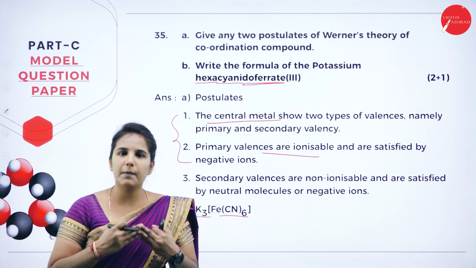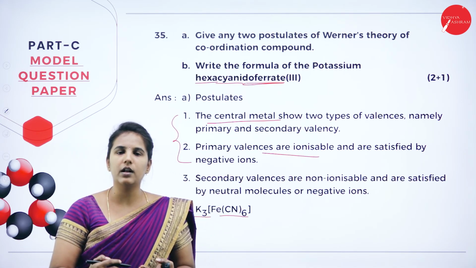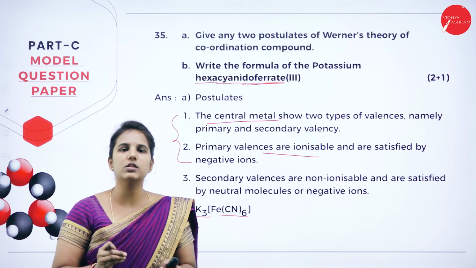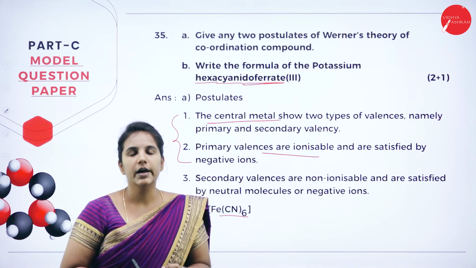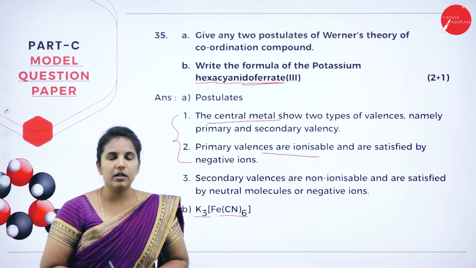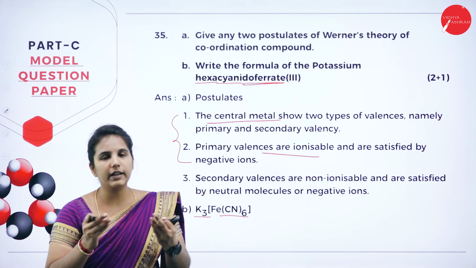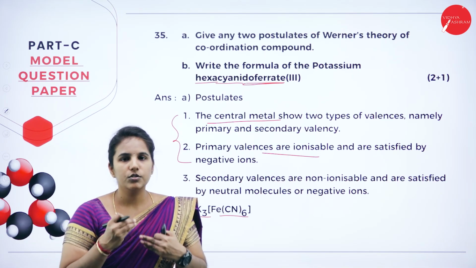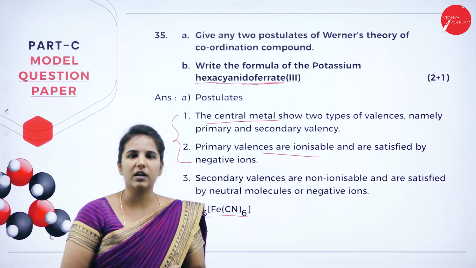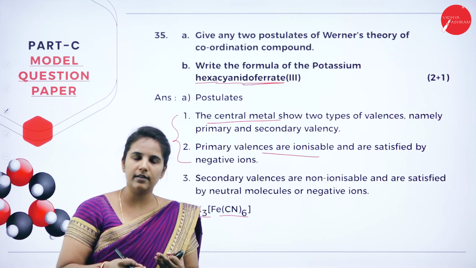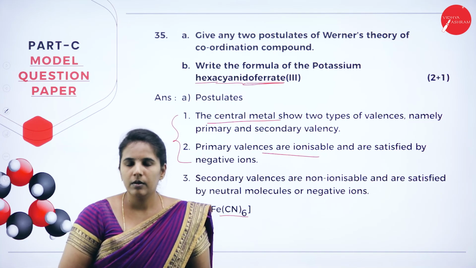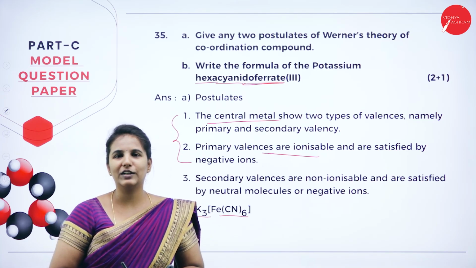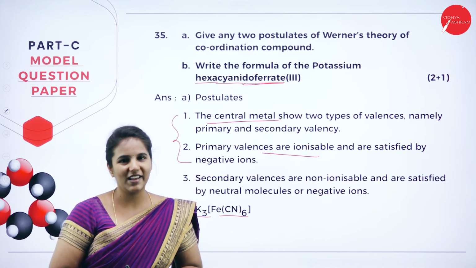If you don't have much practice in writing the reactions, in the examination, if you miss something somewhere, even though you say that you have written the reaction, the evaluator will not give the marks. That is why I am suggesting you all to practice the chemical reactions, write them 5 times or 10 times, however it is flexible for you, and practice the most important questions in inorganic chemistry.